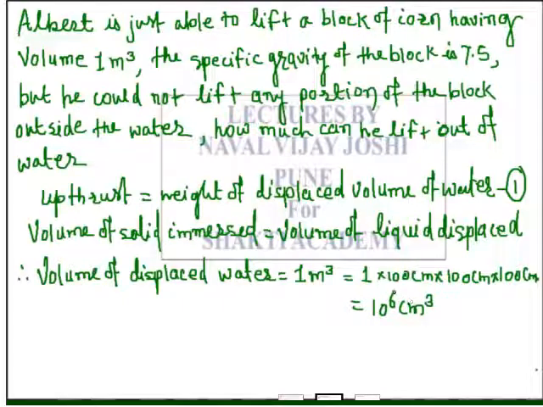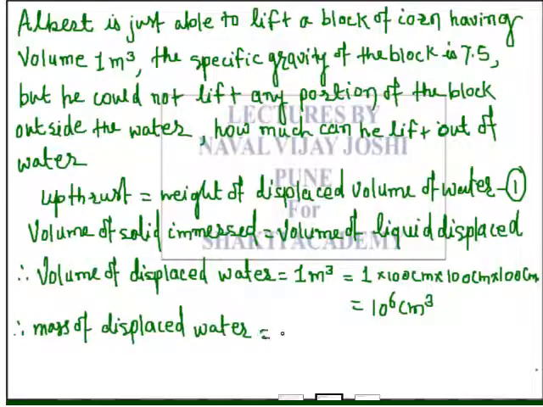This much water would be displaced, and I told you that cm cube is nothing but ml. Therefore mass of displaced water, directly I would write, is equal to 10 raised to 6 gram.